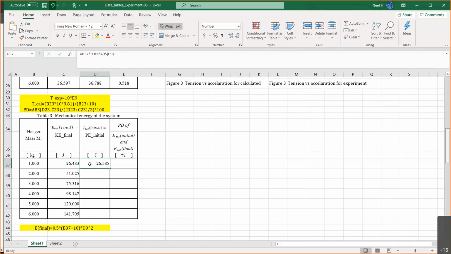There is definitely going to be energy loss. You can see energy final is a little bit less than energy initial. So definitely that confirms there's a little bit of energy loss. That's mostly because of friction. If you do it in class, you're not even getting this close. You're going to get maybe sometimes 10% error, which is also a good value in a class setting.